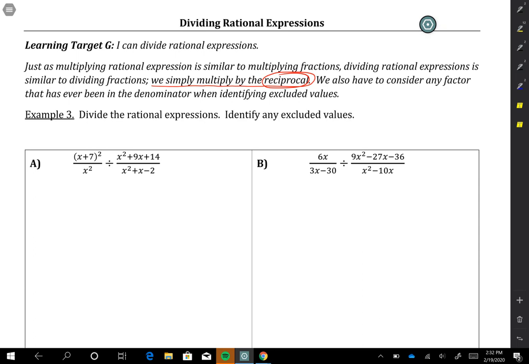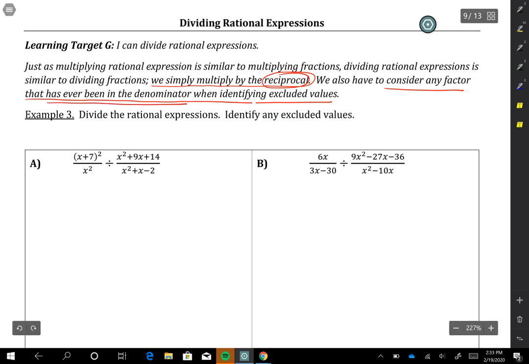However, we are going to flip the second fraction. One other thing that's different is that we have to consider any factor that has ever been in the denominator when identifying excluded values. We have to consider this because we are doing a reciprocal. You'll see what I'm talking about after we see a couple examples.